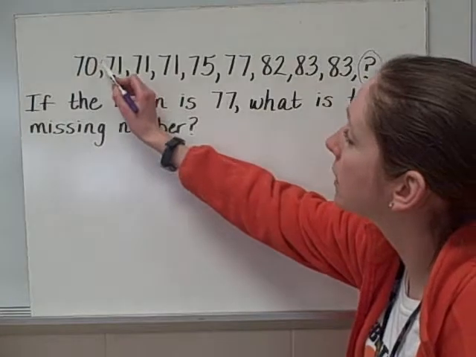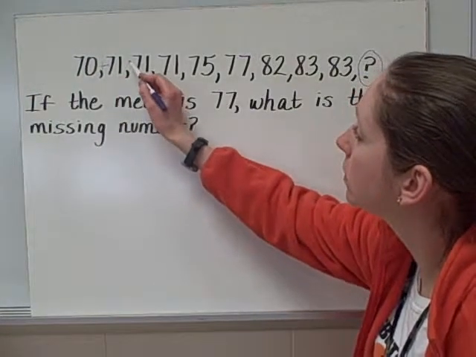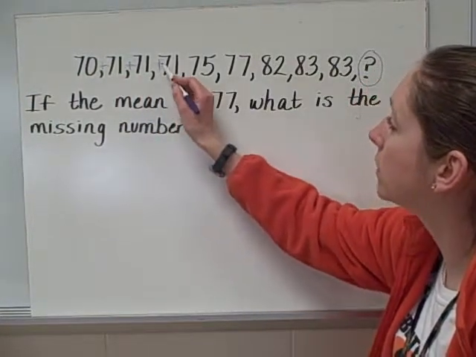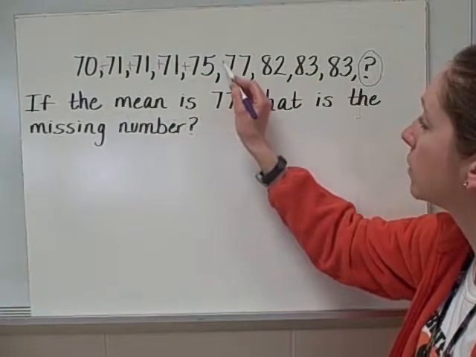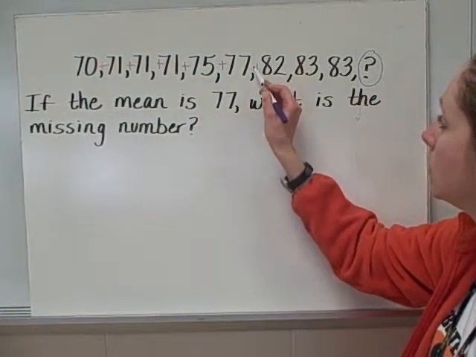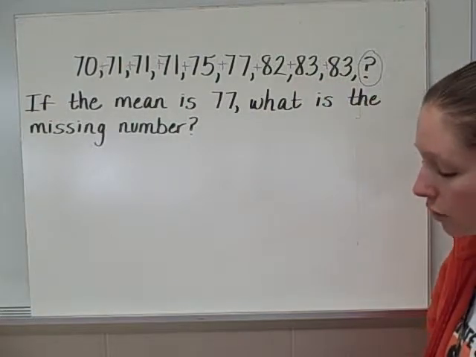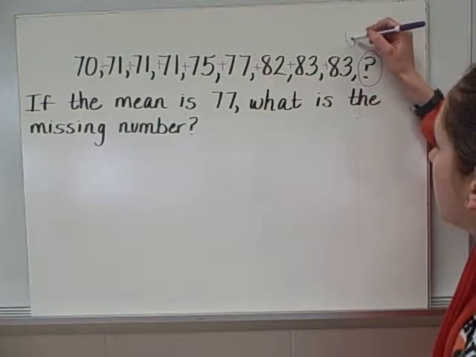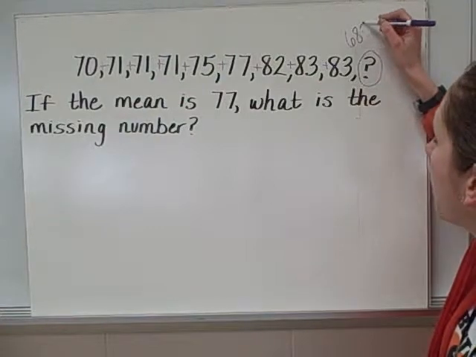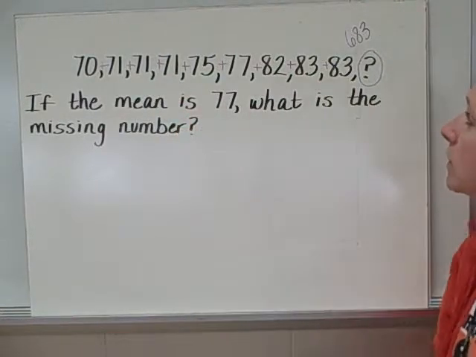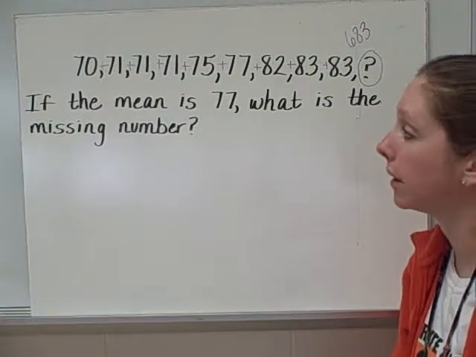If I add 70 plus 71 plus 71, 75 plus 77, 82, 83, another 83, I get a total of 683. So imagine if these are like test scores, that's how many points you have so far.